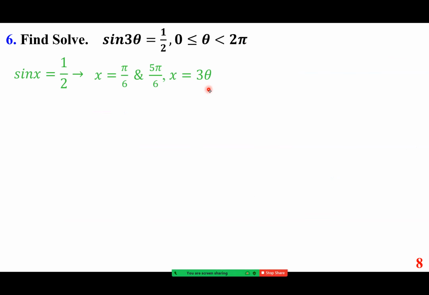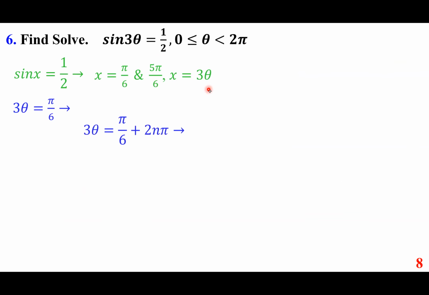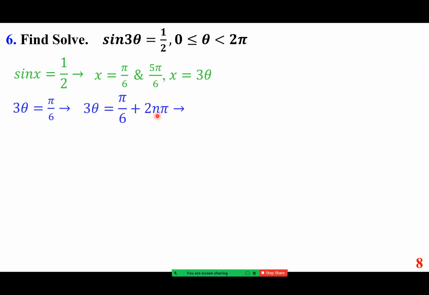And so 3 theta is either pi over 6 and we write it as pi over 6 plus 2n pi or 2k pi. Remember, this is an integer. I could write n pi or k pi. That means the same thing.